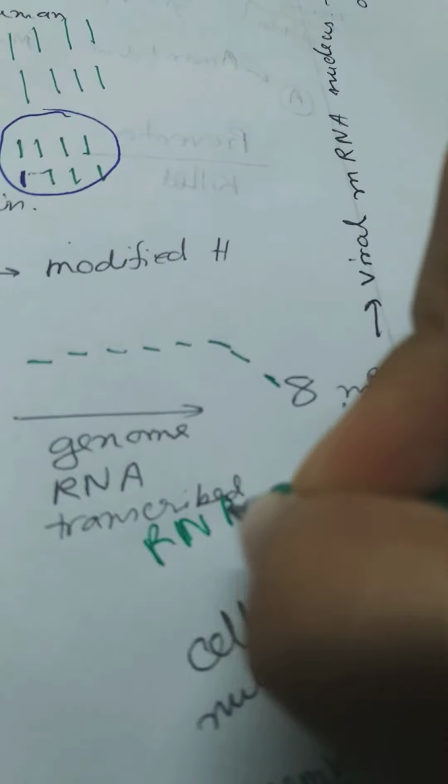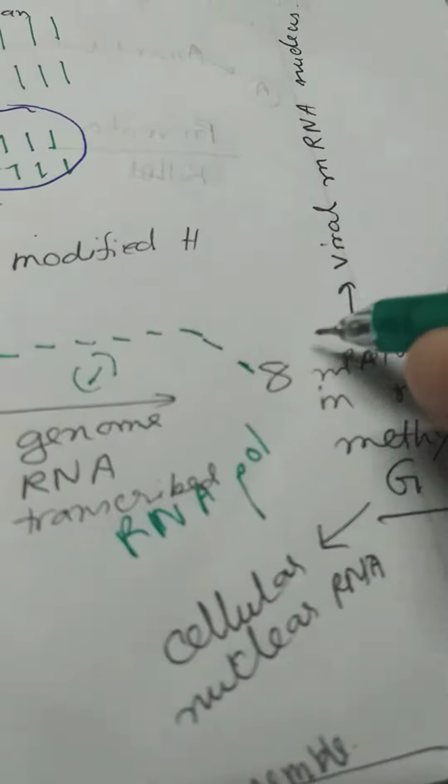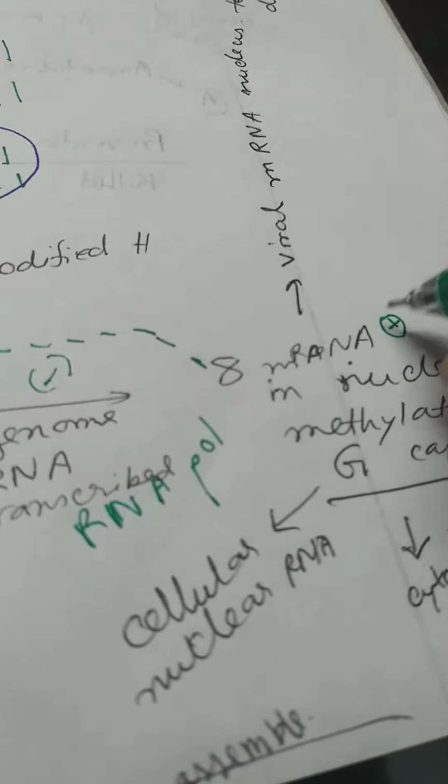The genome RNA has 8 segments, and with the help of the RNA polymerase enzyme, this negative polarity genome RNA is transcribed into 8 mRNA in the nucleus. 8 mRNA, that is of positive polarity.